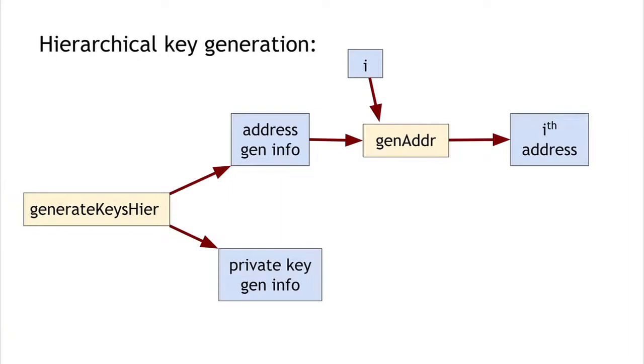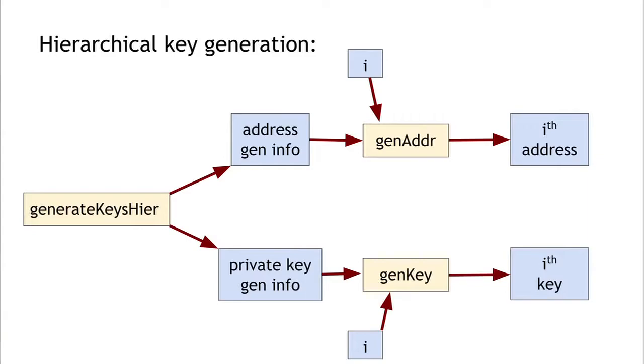And that will generate the ith address in a whole series of addresses. And we can do this for any integer i: we can generate the ith address in the sequence given only that integer and the address generation info. Similarly, on the private key side, we can take this private key generation info and use it to generate a key, again using any integer i. And what we get is the ith key in the sequence. Right. Now what makes this useful is that it has two important properties.